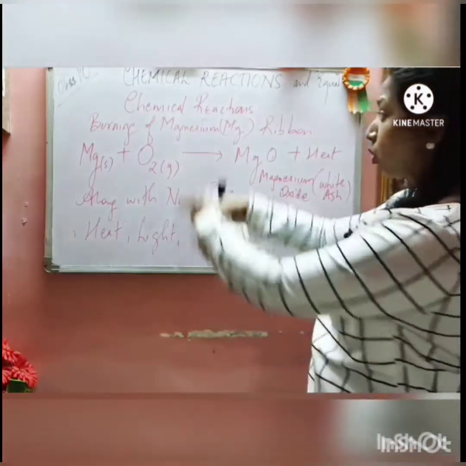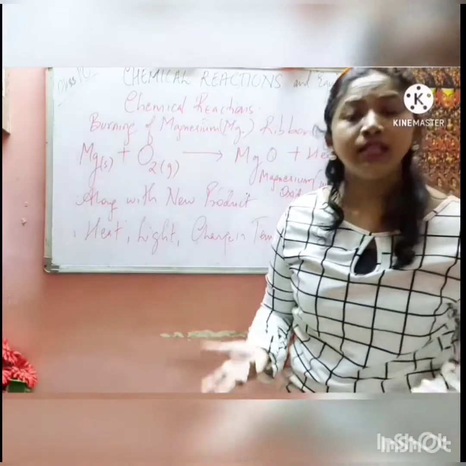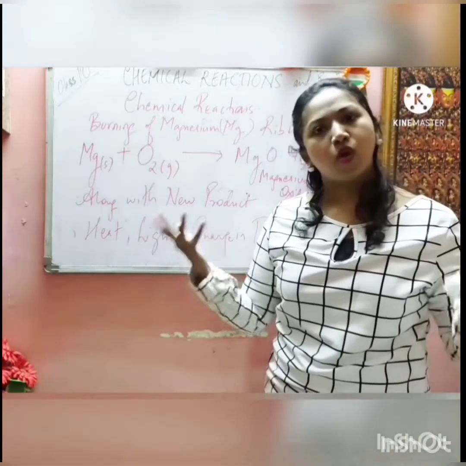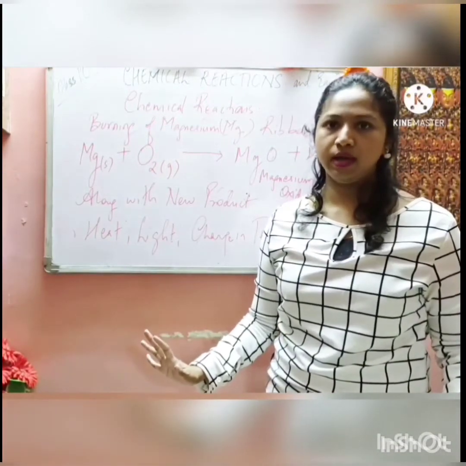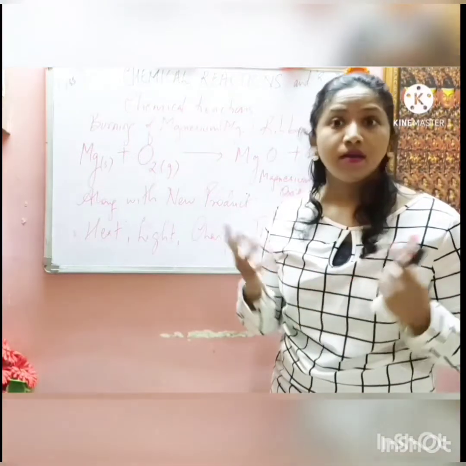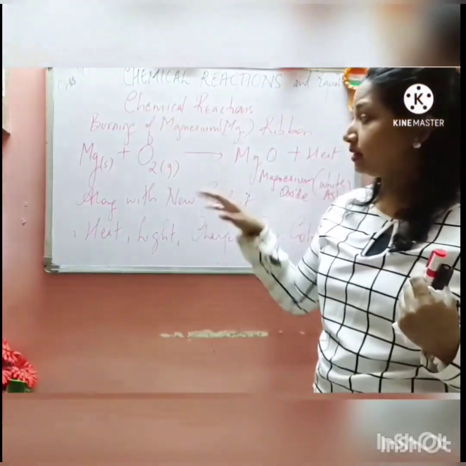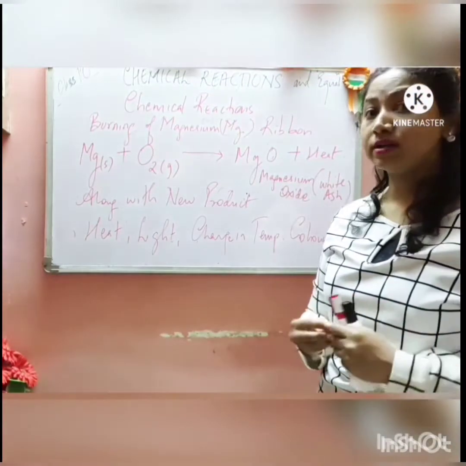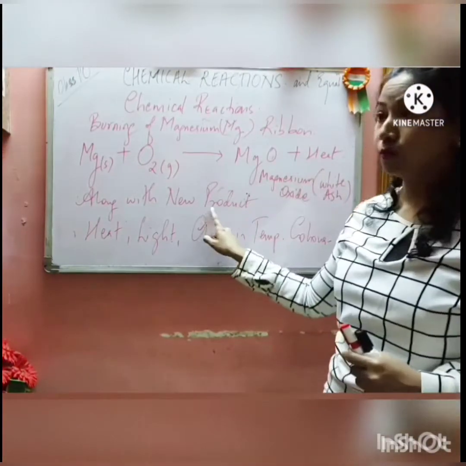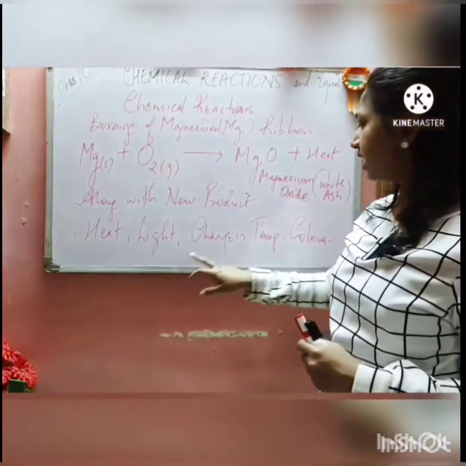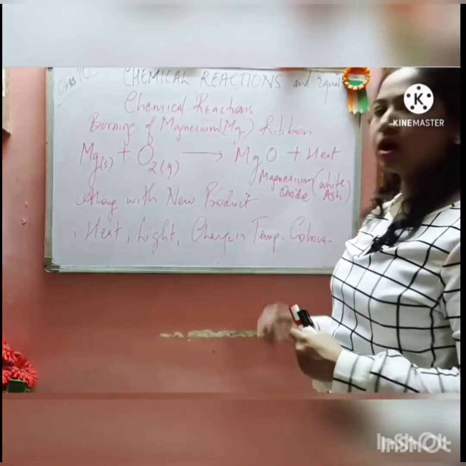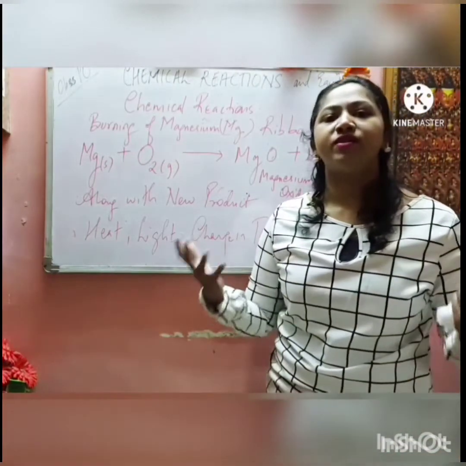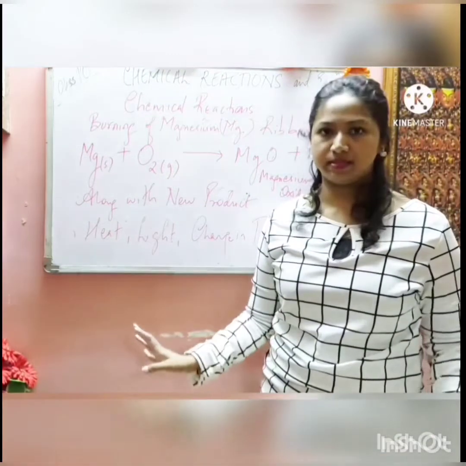So when this whole scenario is seen, then you can say that a chemical reaction has occurred, when one reactant reacts with another reactant, you get a new product, and along with it heat, light, change in temperature and color.